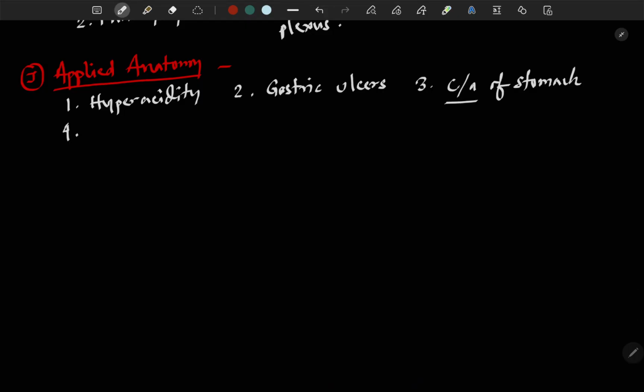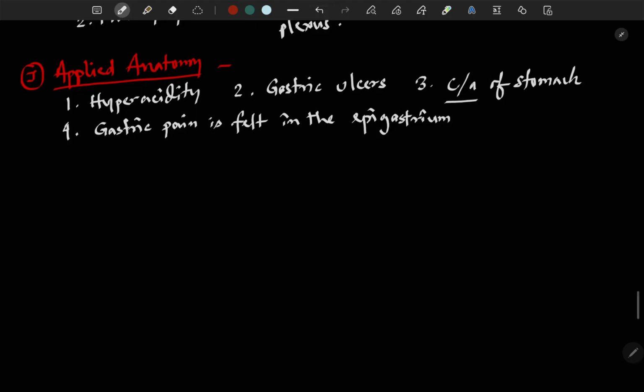Number 4, applied anatomy. The gastric pain is felt in the epigastrium. Why?